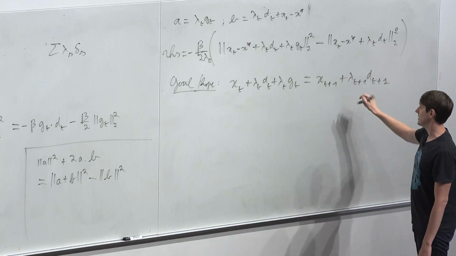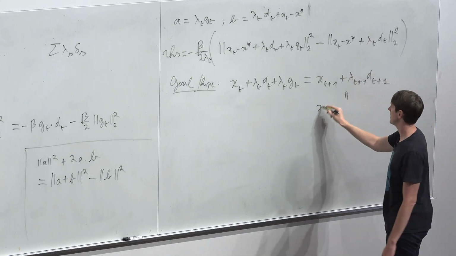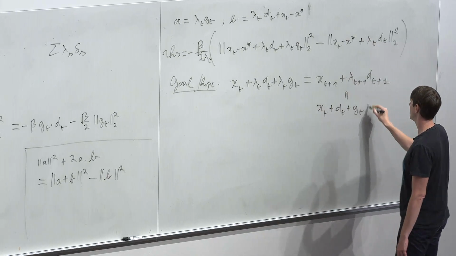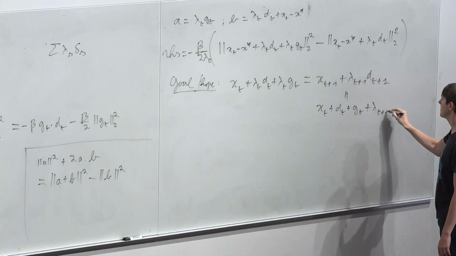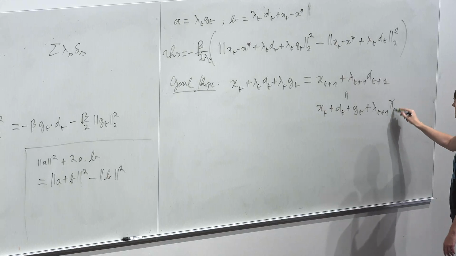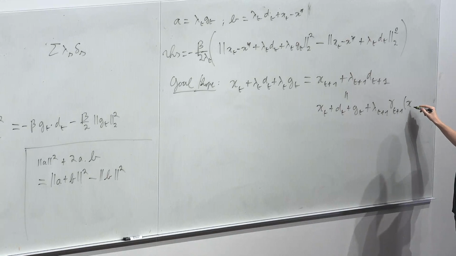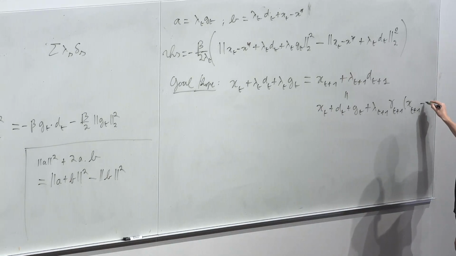All right, so what is this term? This is xt plus dt plus gt plus lambda t plus 1 gamma t plus 1 times x t plus 1 minus xt.